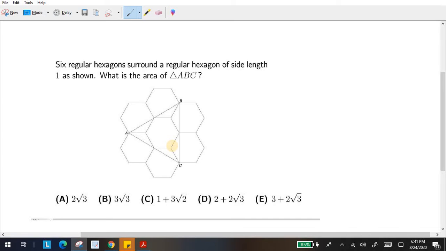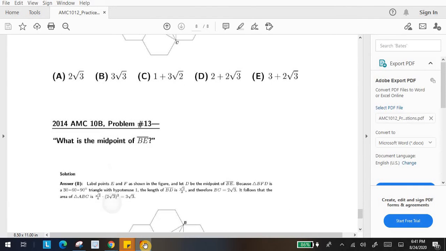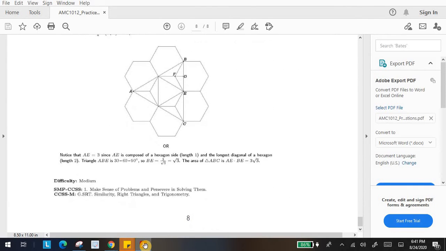So is it 3 root 3, B? 3 root 3. Let me check. What's the answer? Yeah, B. Good.